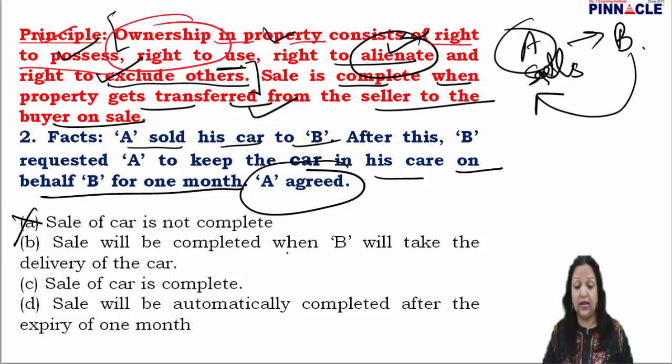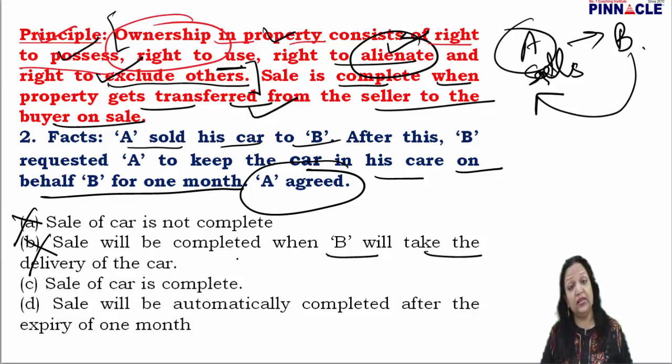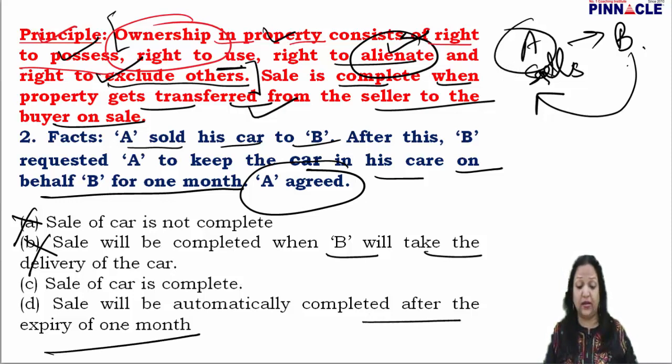Now here, sale will be completed when B will take the delivery of the car. No, sale is already complete. Sale is already complete, and after the sale has been completed, this person B is requesting A to keep it for 1 month. So sale, here we have sale of car is complete and sale will be automatically completed after the expiry of 1 month.